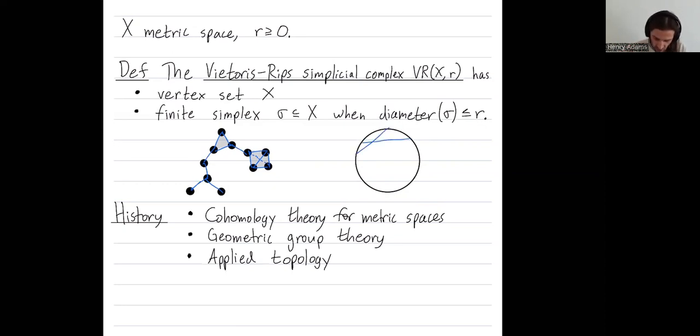Not only do I have all edges of length at most 1 inch, but I have simplices of arbitrarily high dimension because I could fit 1 million points on the circle all within 1 inch of each other, and therefore I have a simplex on 1 million vertices.